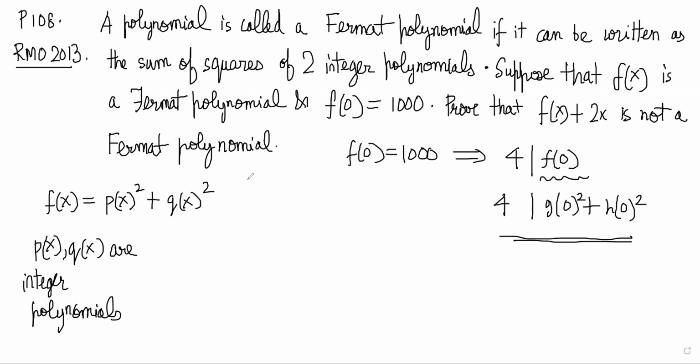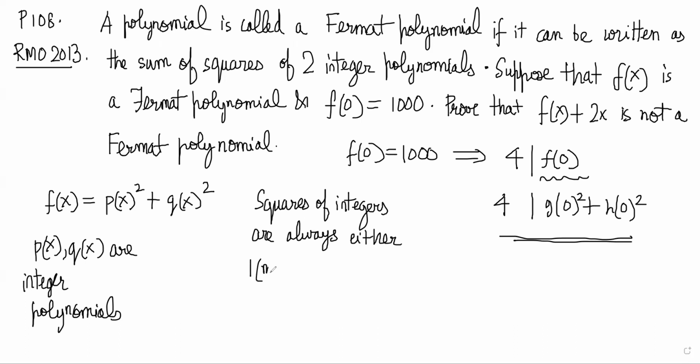Now, if you look at quadratic residues modulo 4, we know that squares of integers are always either 1 mod 4 or 0 mod 4. Now think about it.